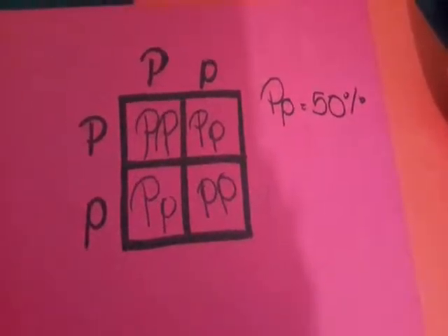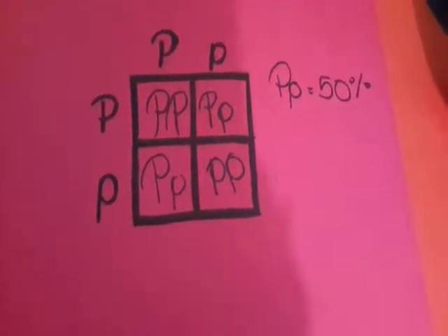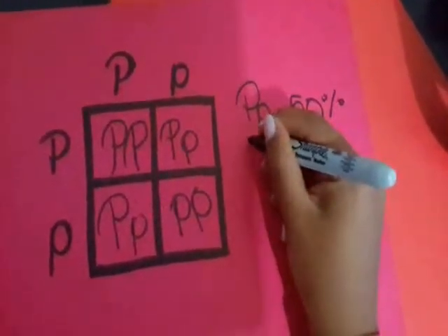This combination of a dominant trait and a recessive trait is going to be called a heterozygous.